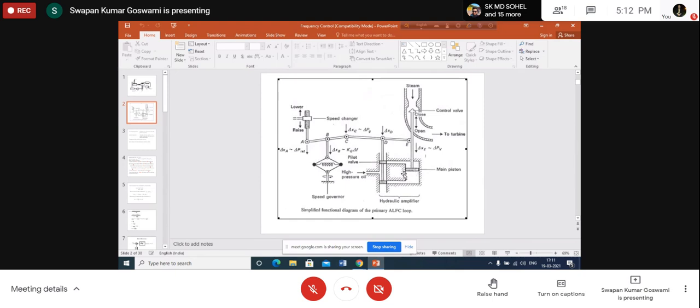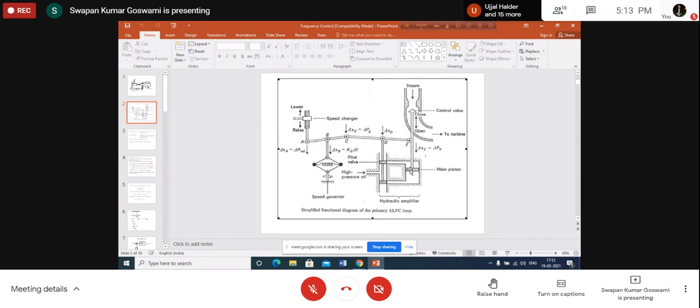Who will decide how much E will move? On what factors will it depend? Obviously, an opening will be created, so it will depend upon how much oil from this chamber has entered into this chamber. That means the volume of oil entered will decide how much will be the movement of E.